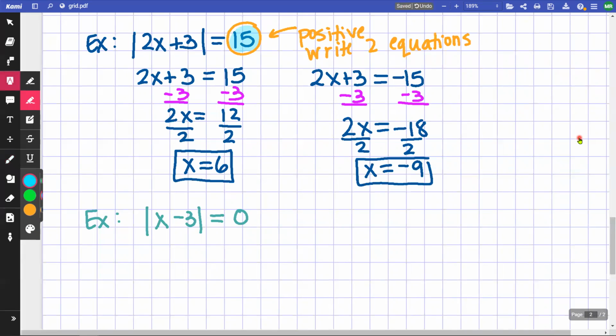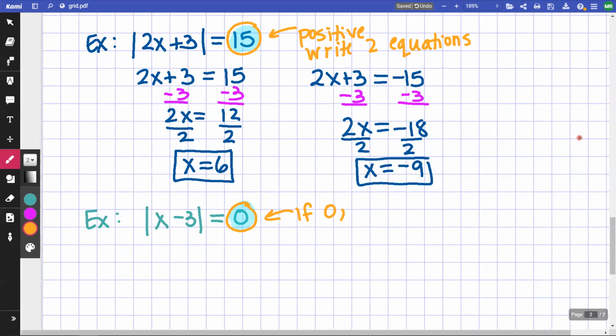So if I have a 0 over here, if 0, then write one equation. The second equation would be you making 0 opposite, but the opposite of 0 is still 0. So I'm going to have one equation when it equals 0.